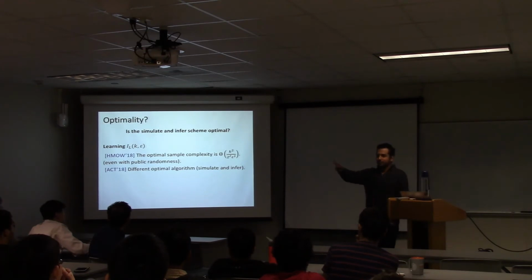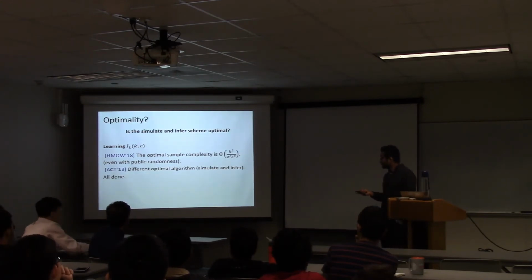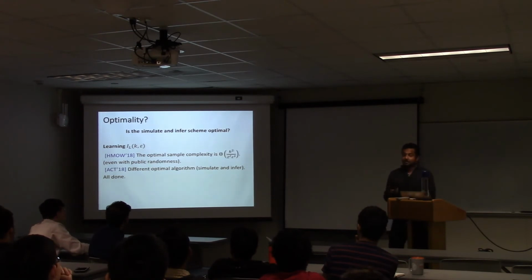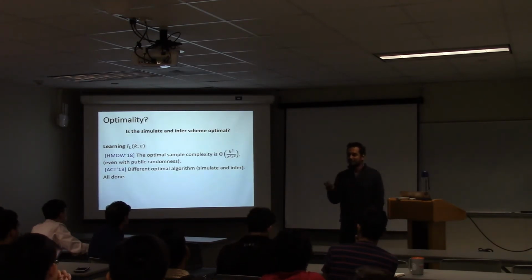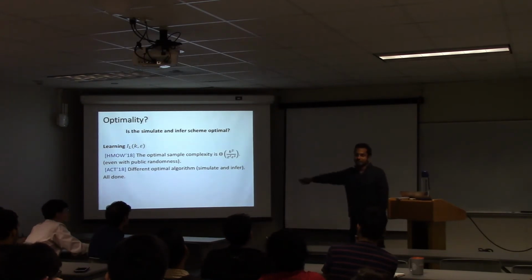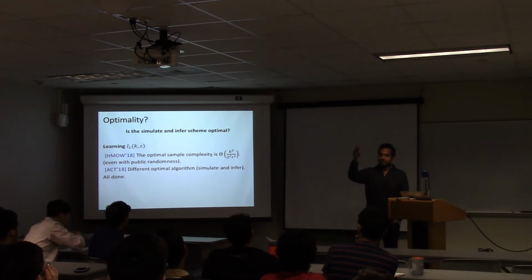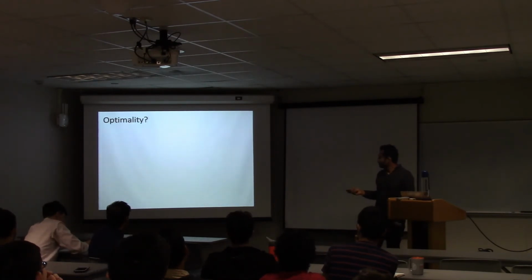So we just showed another way of getting this upper bound, k square over 2 to the L epsilon square, for learning. So for learning, this scheme is optimal both with and without public randomness. We showed an upper bound that uses only private randomness, because you can simulate the samples with private randomness, and the lower bounds hold even for public randomness. So private randomness and public randomness both have this optimal complexity.